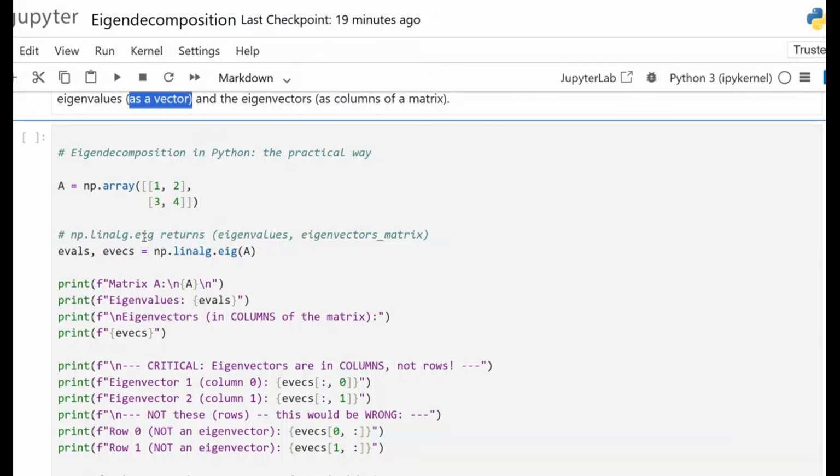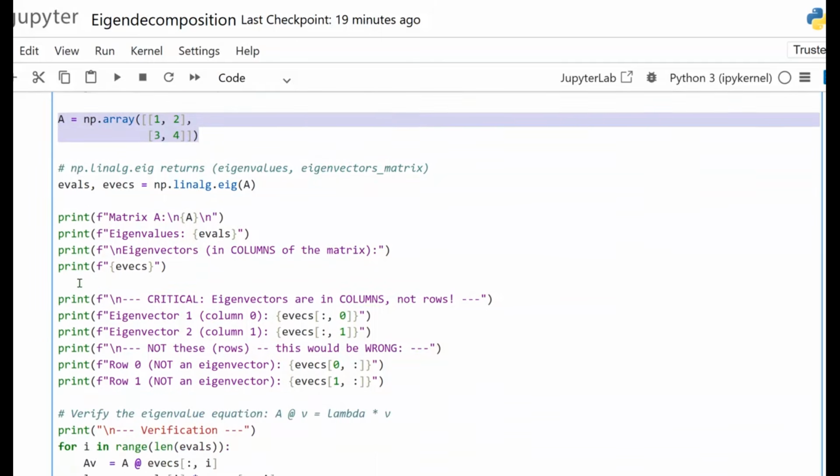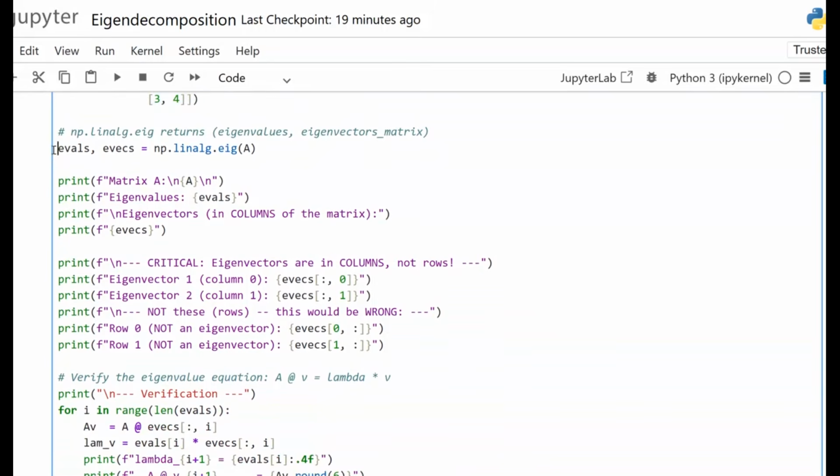Okay, so here we start with defining a matrix. Here we have our matrix A, which is [1, 2; 3, 4]. And let me define the eigendecomposition via NumPy. This NumPy call returns eval, that is an array of eigenvalues, lambda 1 and lambda 2.